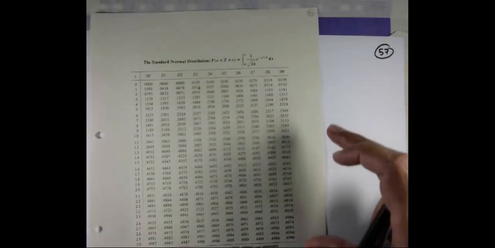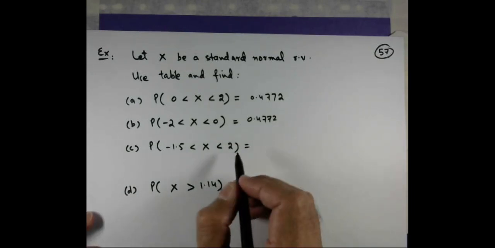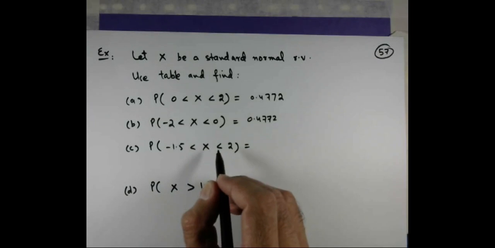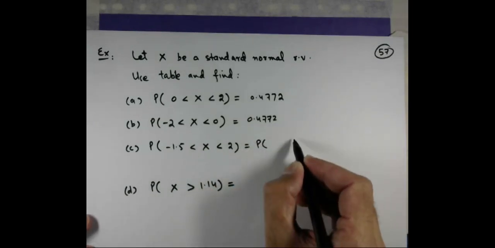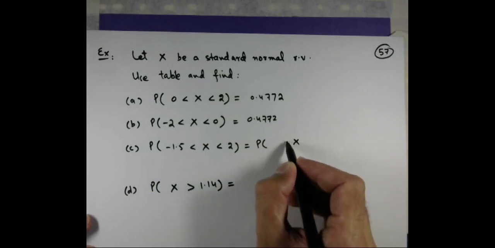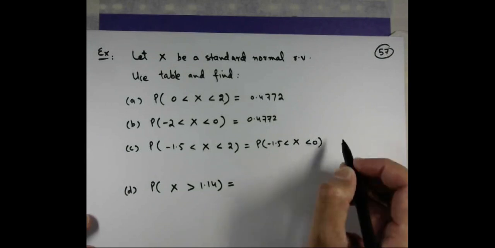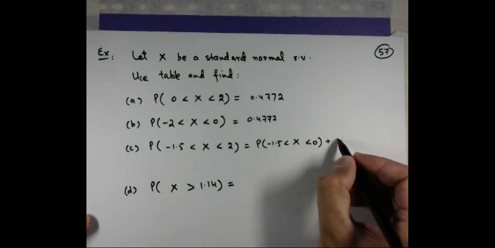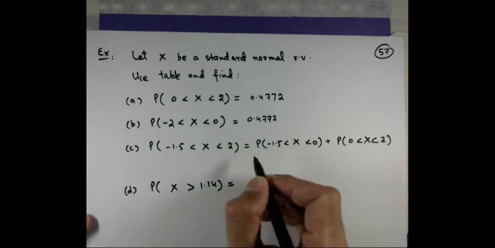Only half of the probabilities are calculated, and the rest half is automatically known because of the symmetry. Coming further, what is the probability that x is within this interval? So we can always write it as the probability that x is greater than -1.5 and less than 0, plus the probability that x is greater than 0 and less than 2.